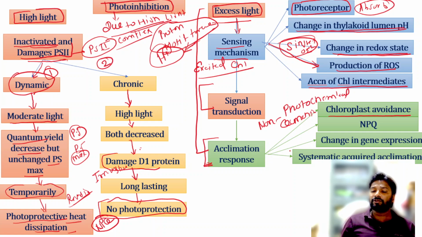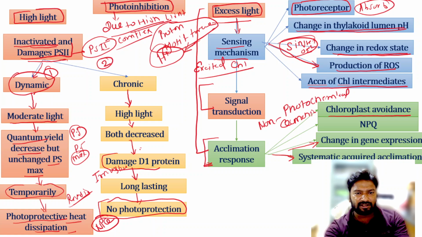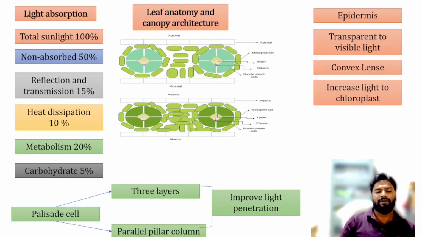Also changes in gene expression and systemic acquired acclimatization. So these are the mechanisms by which plants adapt or acclimatize to excess light. Okay, so this is clear: what is photoinhibition and what changes occur during photoinhibition.